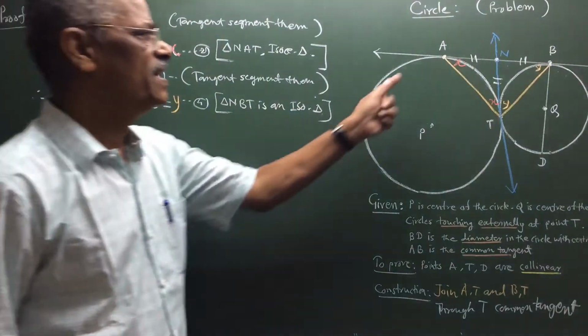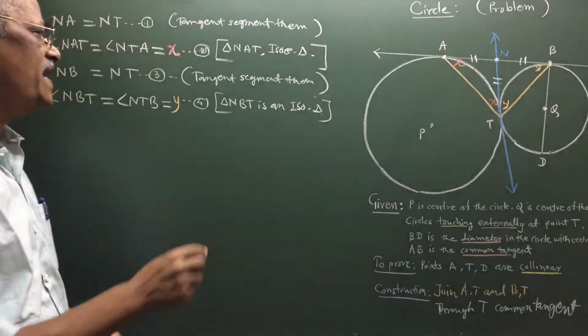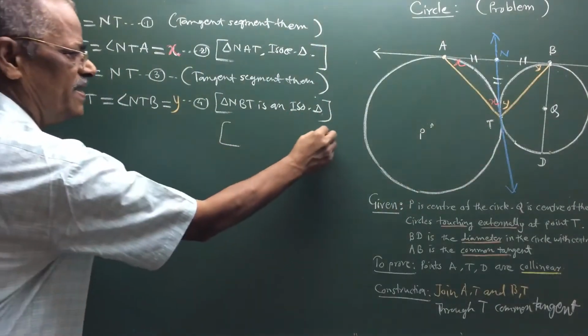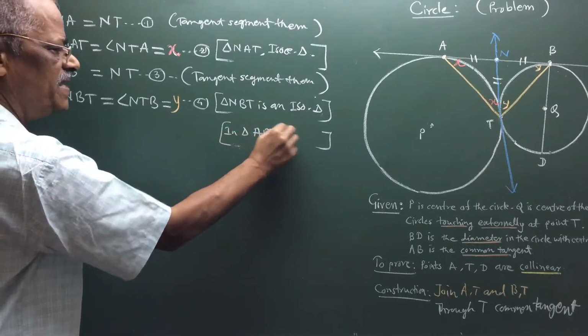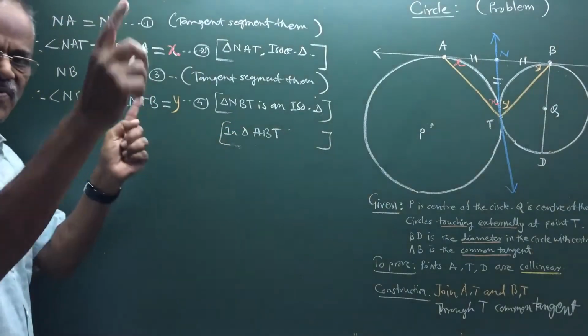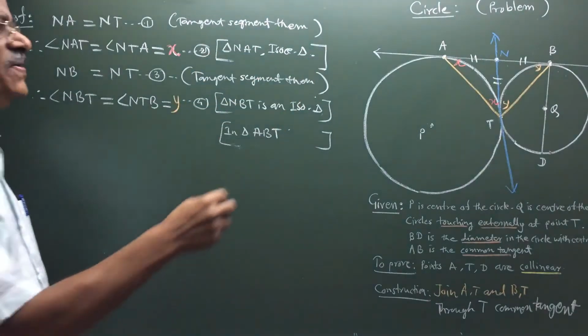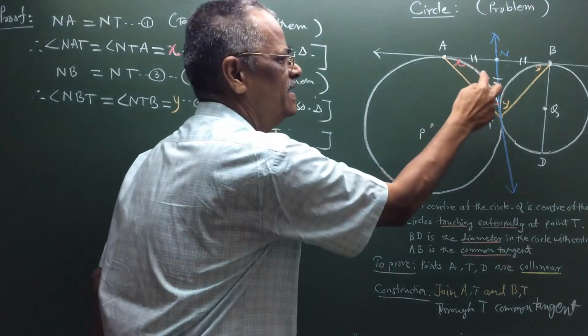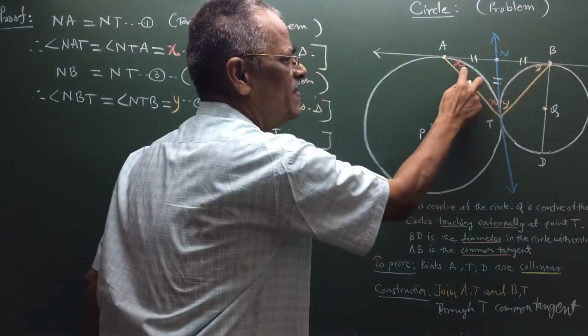Now, consider triangle ABT. In triangle ABT, what is the measure of angle A?